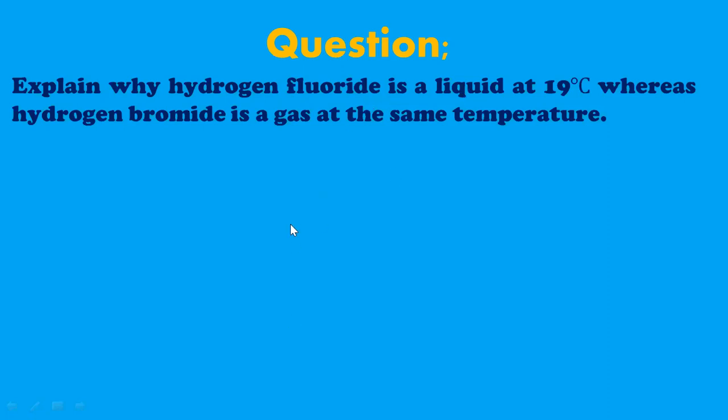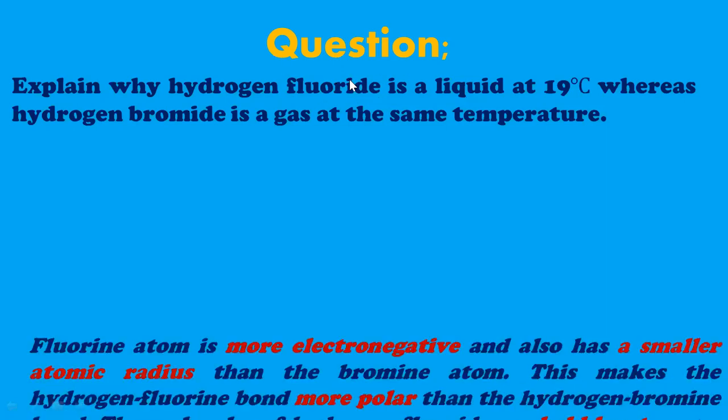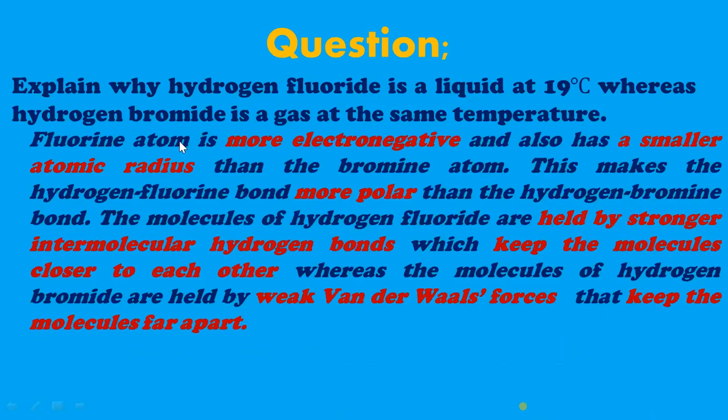So how do we approach this question? The answer will lie in this fluorine that is present in hydrogen fluoride. So what shall we say? The fluorine atom is more electronegative and also has a smaller atomic radius than the bromine atom. That's the first thing you'll have to tell me in case the question is given to you.